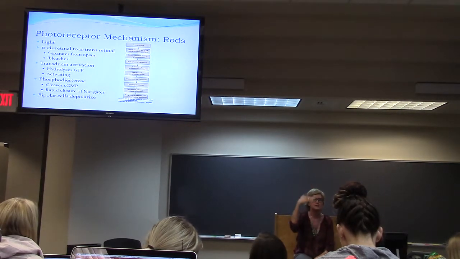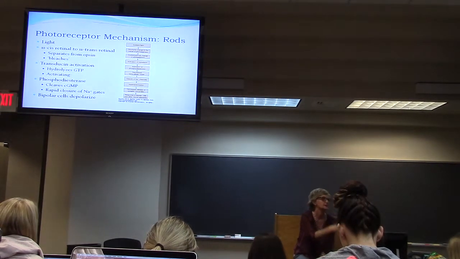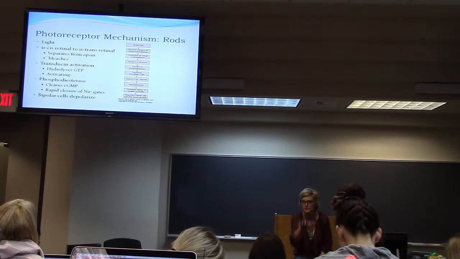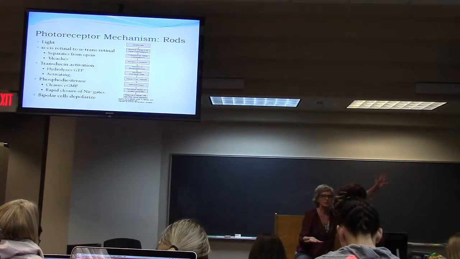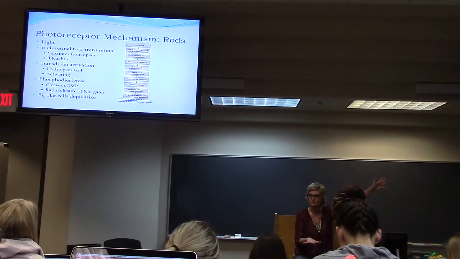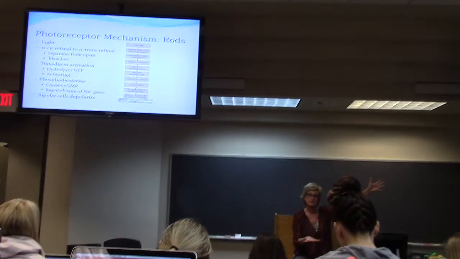Transducin activates phosphodiesterase. Phosphodiesterase is going to cleave cyclic GMP. Cyclic GMP is now reduced in the cell because it's destroyed by phosphodiesterase. Remember those sodium gates? They were cyclic GMP gates. They were open because cyclic GMP was abundant.